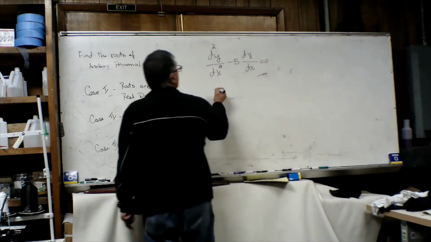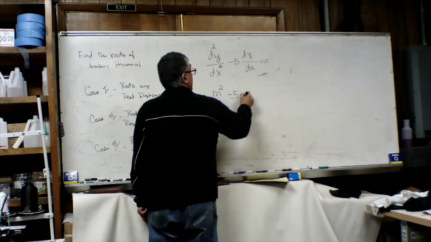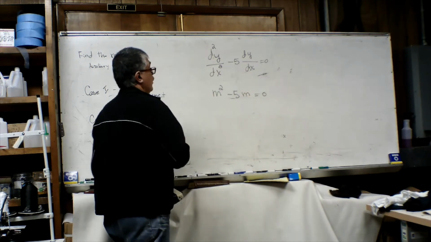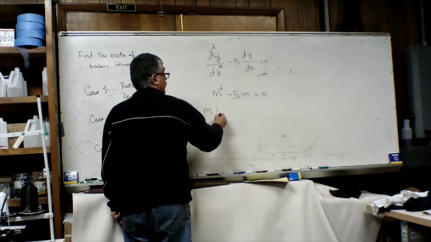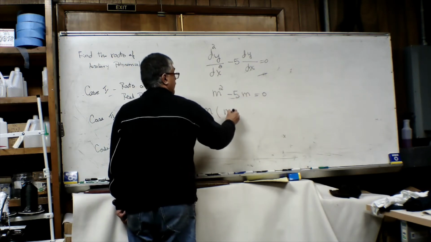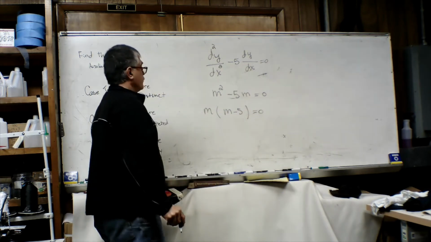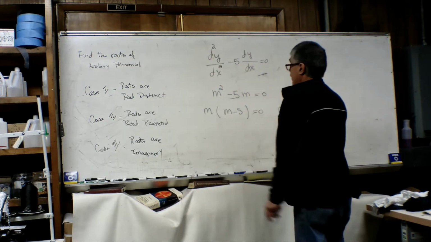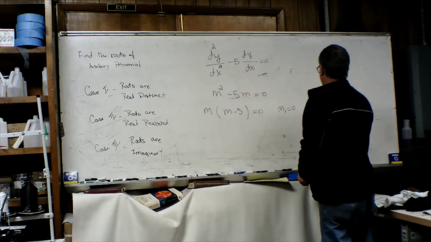So we can write this as m squared minus 5m equal to 0. If we factor out m, we are going to have m times (m minus 5) equal to 0. So our solution m1 will be equal to 0 and m2 will be equal to 5.